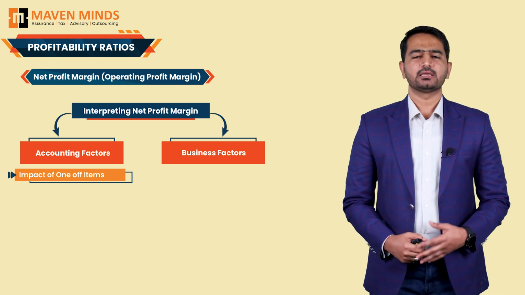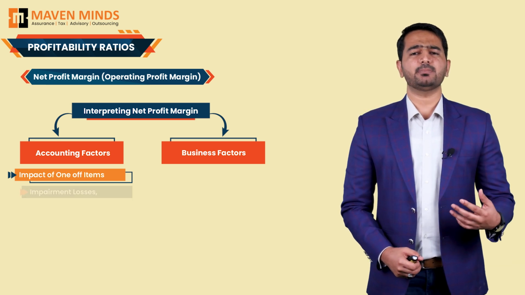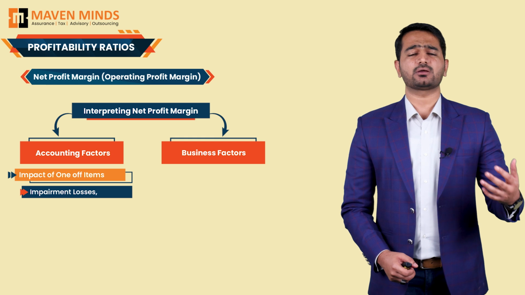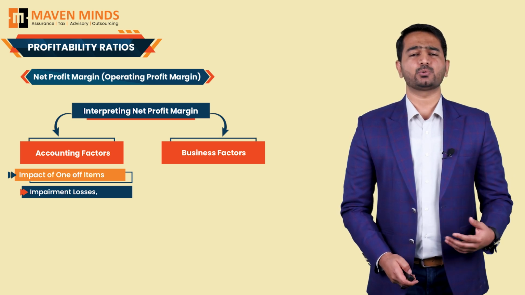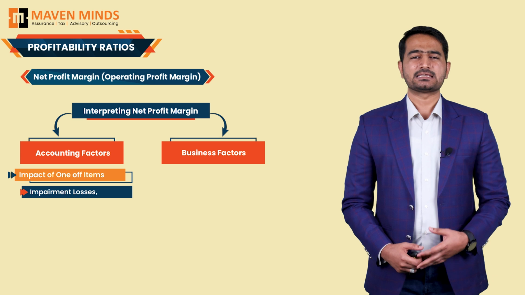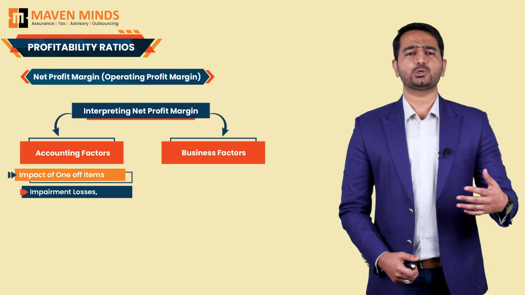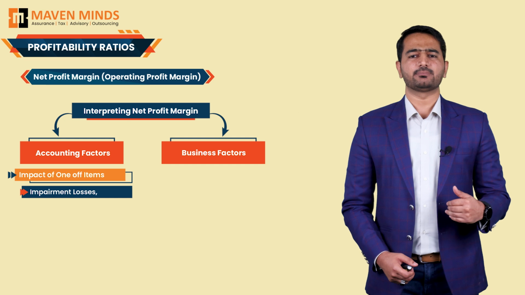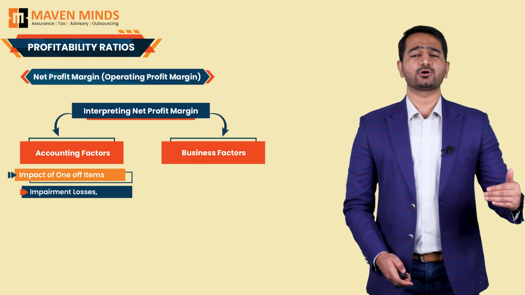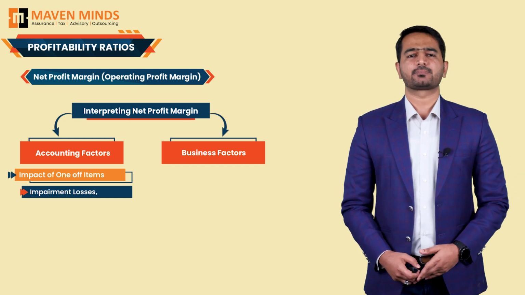For example, if there is a significant impairment loss recognized due to some economic crisis or some natural disaster like an earthquake, fire or flood, such a one-off event may lead to higher impairment losses and declining profitability, and the net profit margin for the year will also decline.